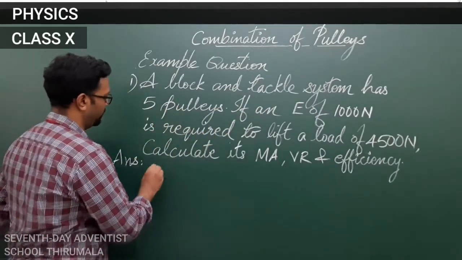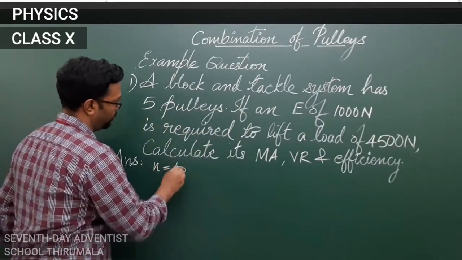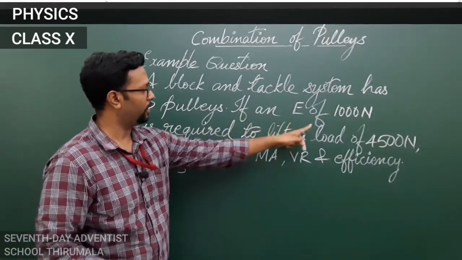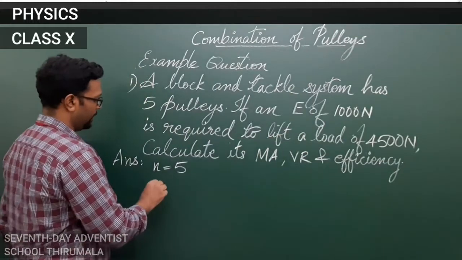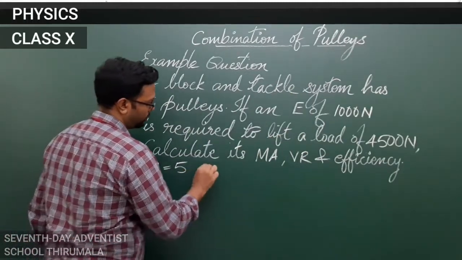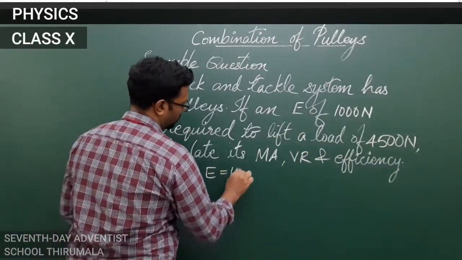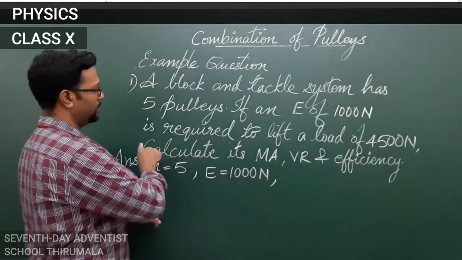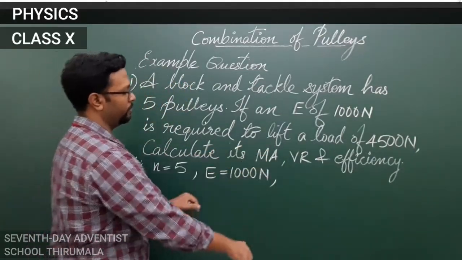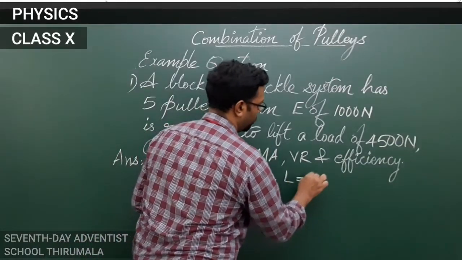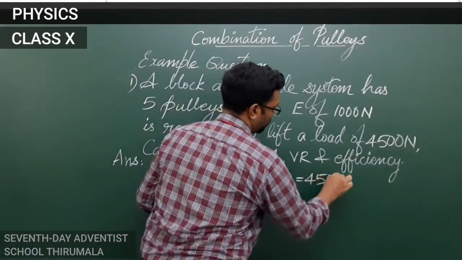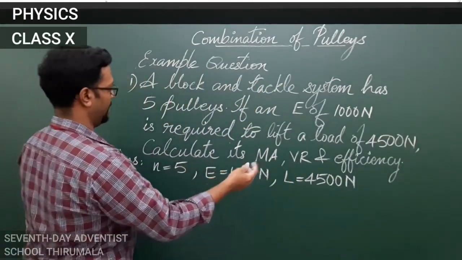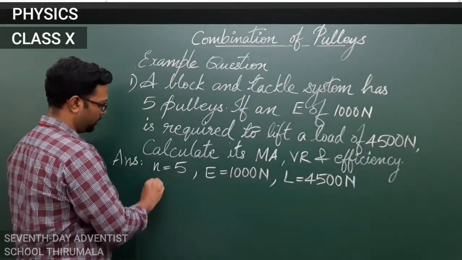So we will write the first thing we know, N is equal to 5 pulleys. If an effort of 1000 Newton is required, so we write E is equal to 1000 Newton, to lift a load of 4500, so load is equal to 4500 Newton. Calculate its mechanical advantage. So what is mechanical advantage?